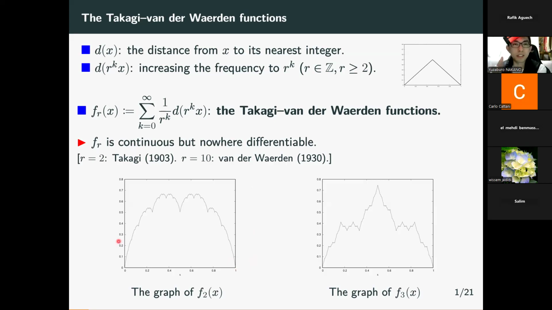If r is even, the graphical feature of this function is similar. But it differs depending on the parity of r. Okay. Thank you.